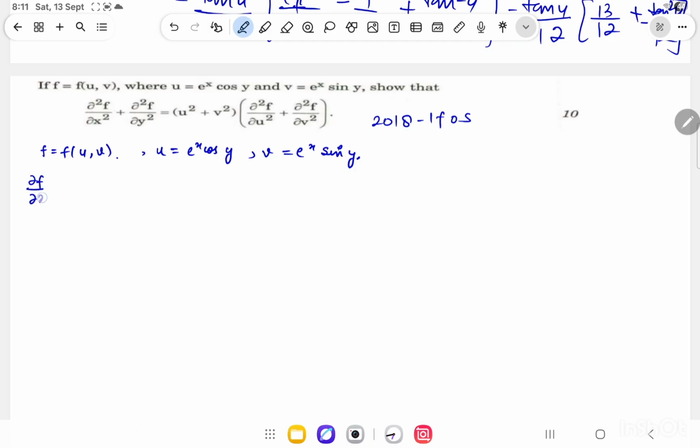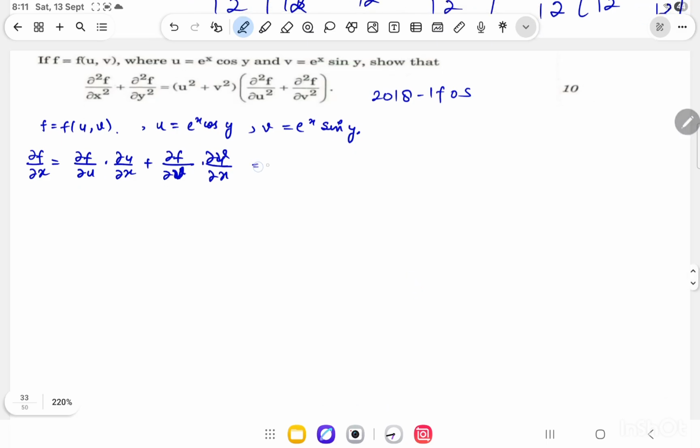So my del f by del x will be del f by del u into del u by del x plus del f by del v into del v by del x. I have done this because f is a function of u and v, and they are in turn functions of x and y.